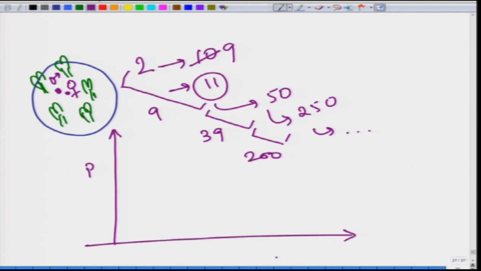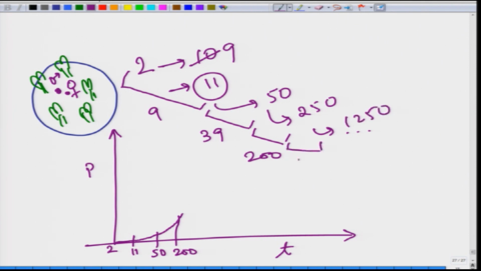P versus time, it started with 2, then it became 11, then it became 50, then it has become 200. Now, in the next stage you will have 1250 individuals.